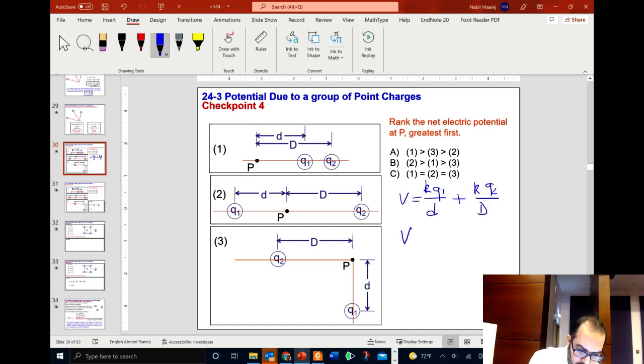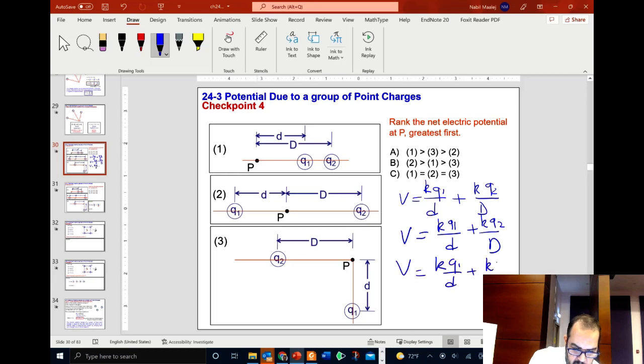Case number 2, same thing: KQ1 divided by d plus KQ2 divided by capital D. Same thing for the third case. So the correct answer is C.